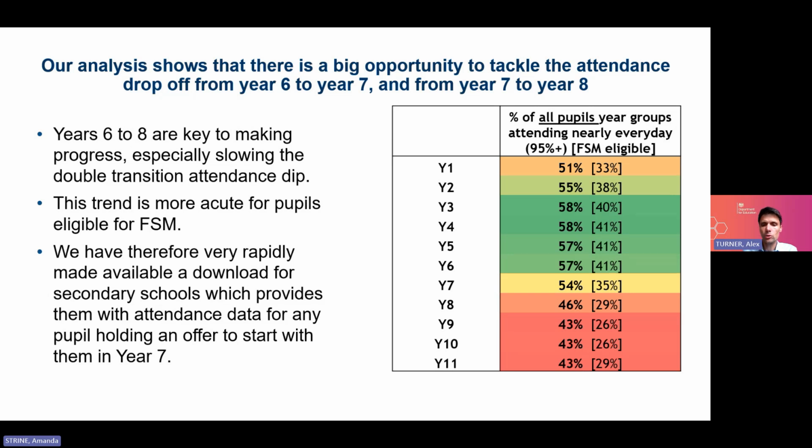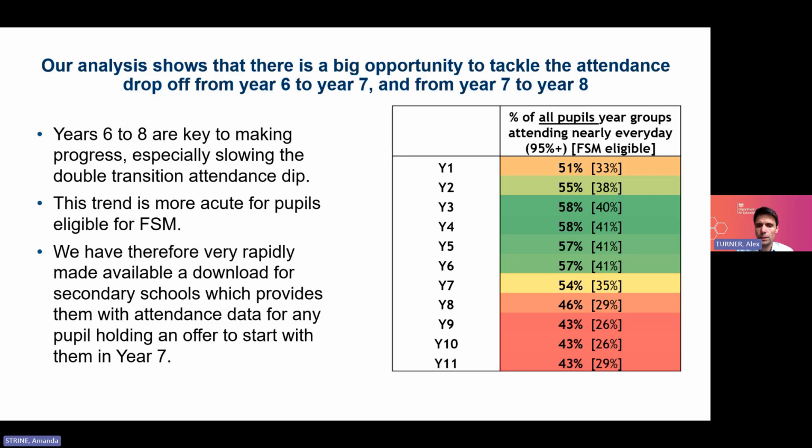We heard from the schools we engaged with in the recent conferences that one big tool in supporting children through that transition from an attendance perspective would be to see the data for incoming year 7 children in advance of transition, so that schools can look at that data and identify where support might be needed and where they might work more intensively with some families to support children through that transition period.